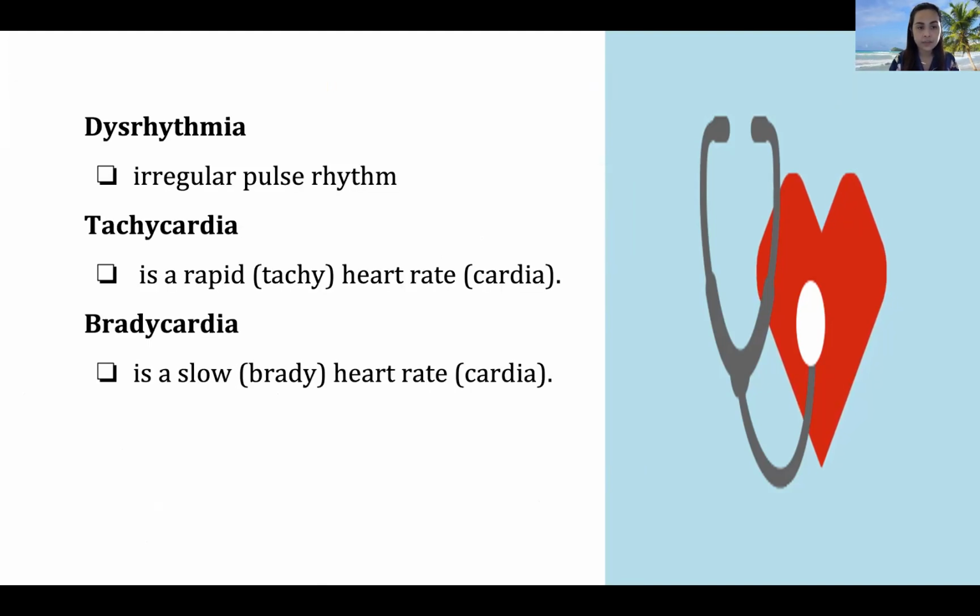Dysrhythmia, as I've told you, is an irregular pulse rhythm. Tachycardia is a rapid heart rate. Tachy means rapid, and cardia means heart rate. So tachycardia means rapid or fast heart rate.